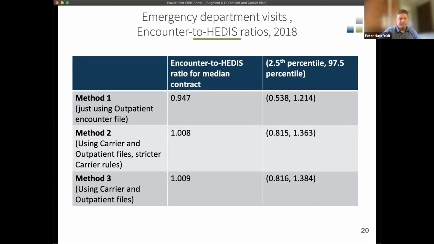Okay, this table displays our encounter to HEDIS ratios using the 3 methods. This column again shows the median contract, and when we use our first method that just uses the outpatient encounter file, we capture slightly fewer ED visits in the encounter data compared to HEDIS.